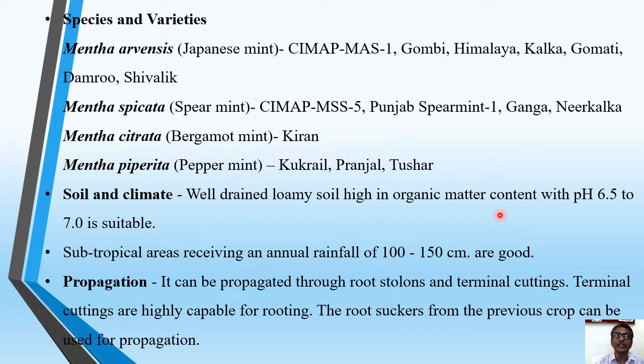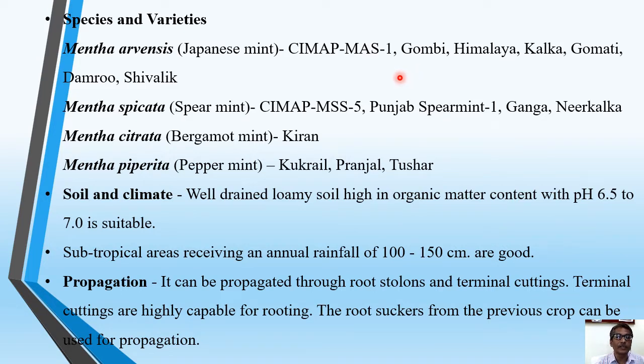Basically three species are there: Mentha arvensis, which is commonly known as Japanese mint, and these are some of the varieties developed by CIMAP Lucknow: CIMAP MS1, Gombi, Himalaya, Kolka, Gomti, Shivalik.